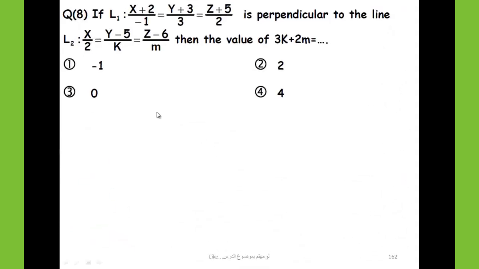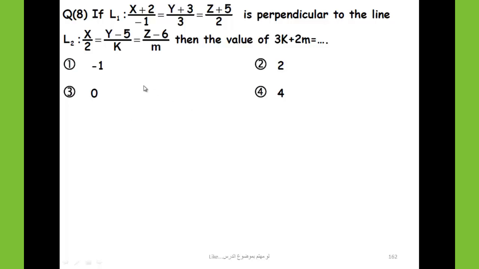Question 8. If the straight line L1, whose equation is (x plus 2) over negative 1 equals (y plus 3) over 3 equals (z plus 5) over 2, is perpendicular to the line L2, whose equation is x over 2 equals (y minus 5) over k equals (z minus 6) over m, then the value of 3k plus 2m equals one of these values.